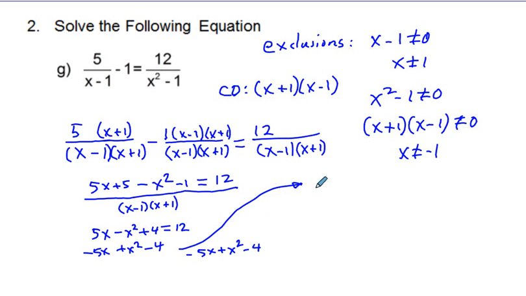We're going to have 0 on the left now equals x squared, and we're going to have minus 5x, and then we're going to have 12 minus 4 equals 8. Okay, so do we have a factorable? What are the factors of this right here?